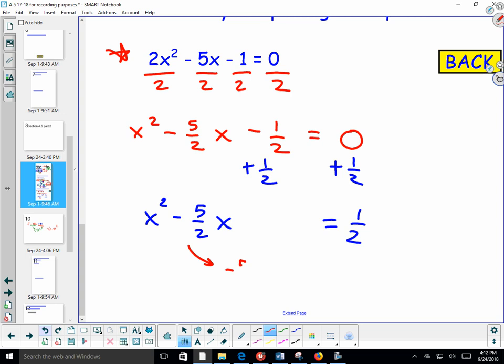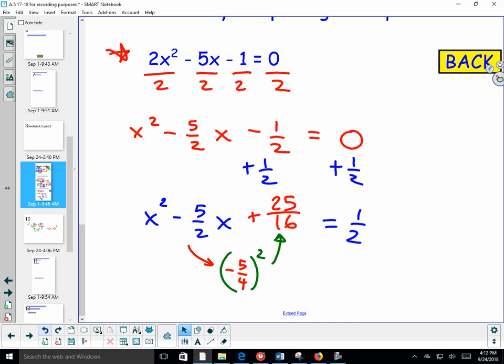Half of negative 5/2 is negative 5/4, and then I'm going to square that to find the number I'm going to add right here, and that turns out to be positive 25 over 16, because 5 squared is 25, 4 squared is 16.